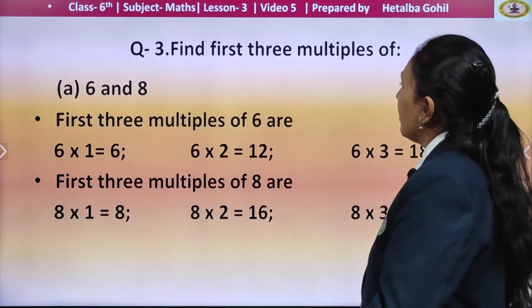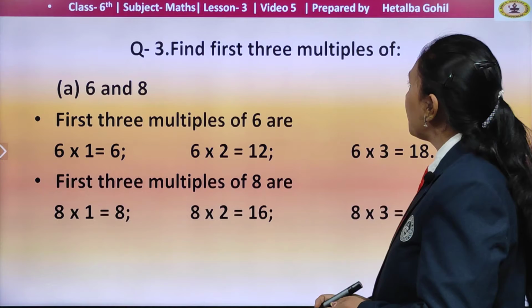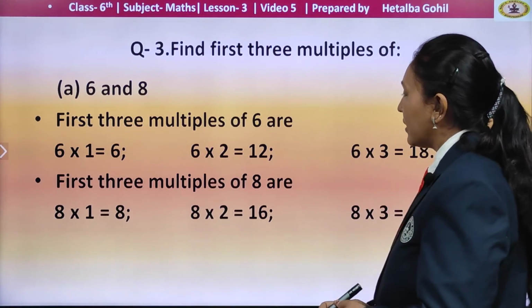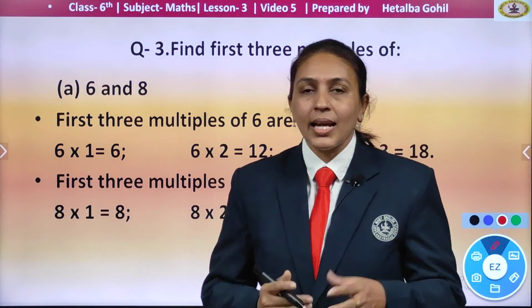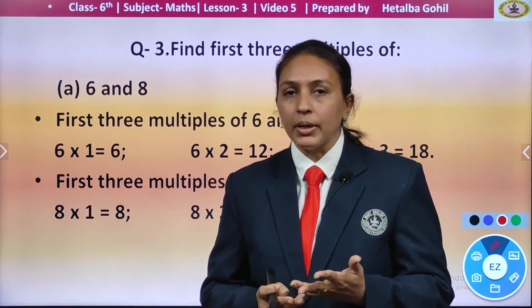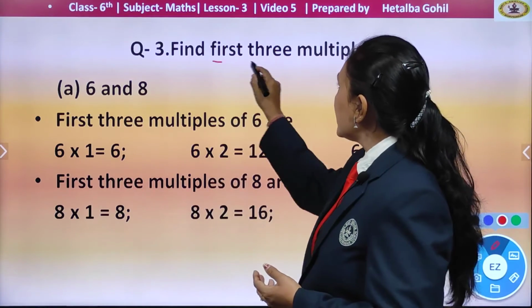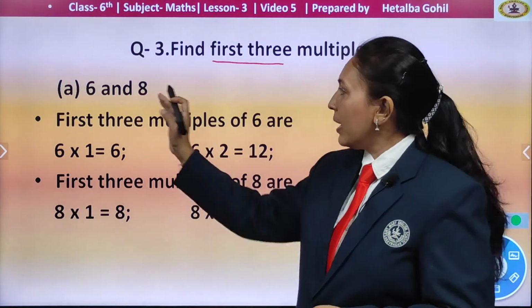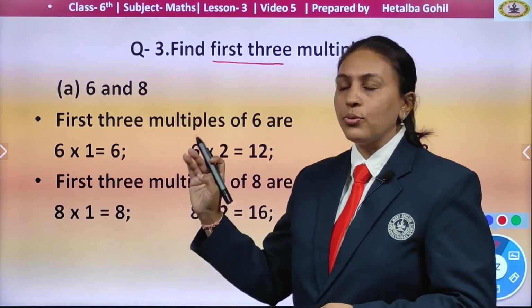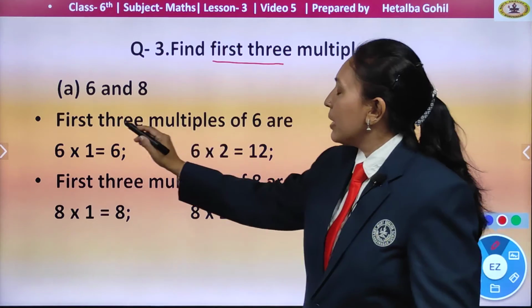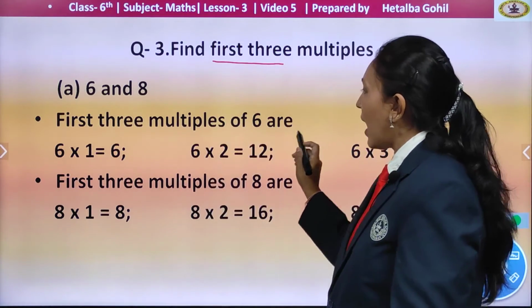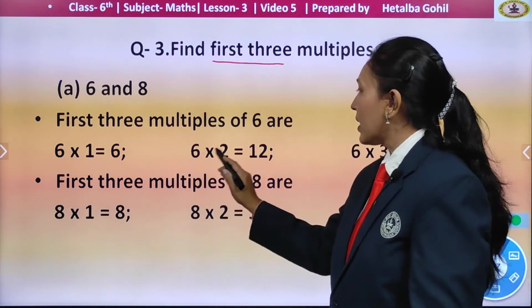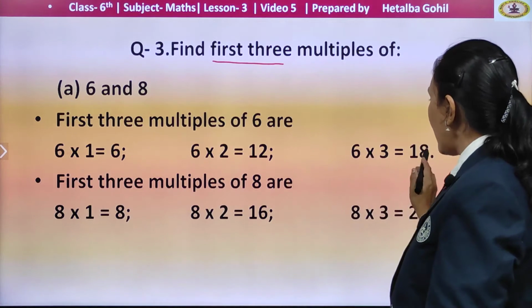Question number 3. Find the first three multiples of 6 and 8. Children, multiples means start counting the table of the given number, and it is asked for the first three multiples only. So 1, 2 and 3. You multiply the given number with 1, 2 and 3 only. So the first three multiples of 6 are 6 ones are 6, 6 twos are 12 and 6 threes are 18.